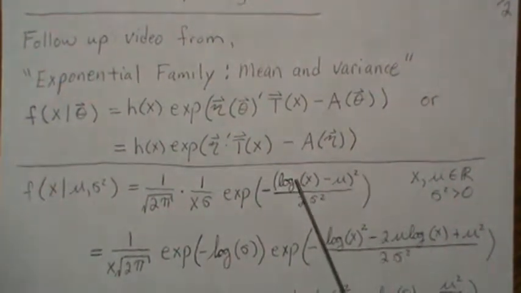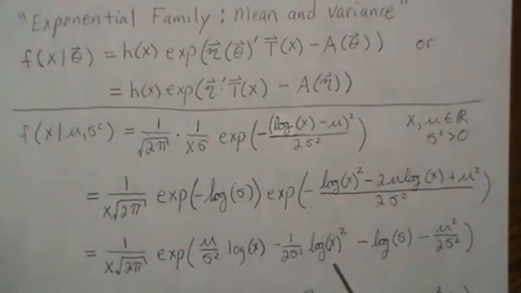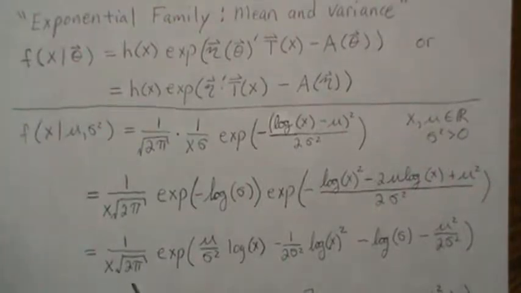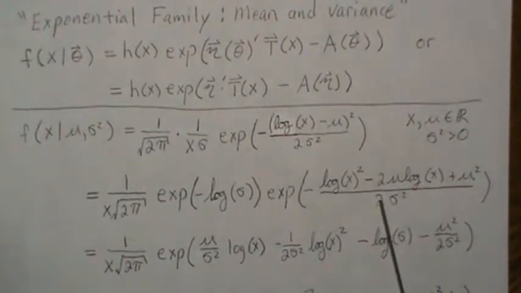Now over here we expand this quadratic into this, and it's all, of course, the minus and divided by 2 sigma squared. Now, since this is e to an exponent, we can just add the exponents. So this comes straight down, and what we do is we're going to look at each case individually. So let's look at this one.